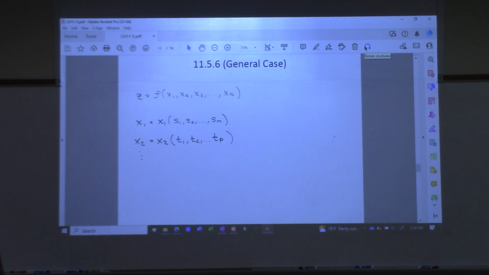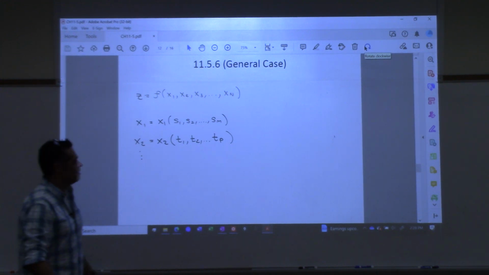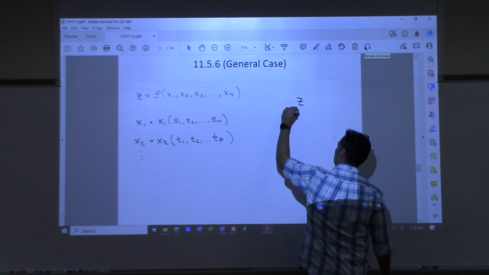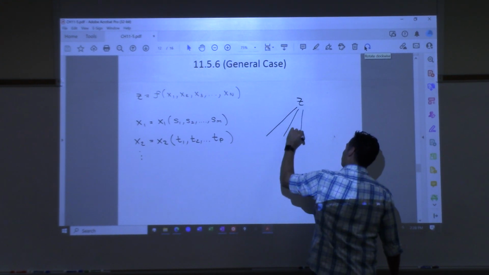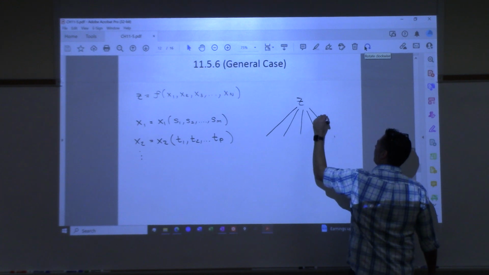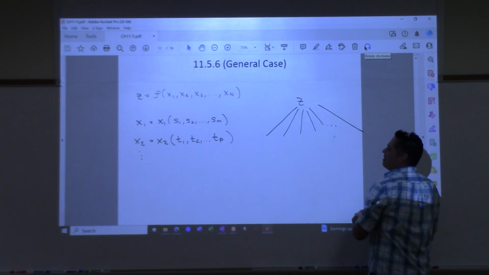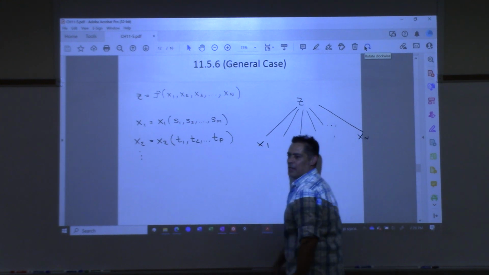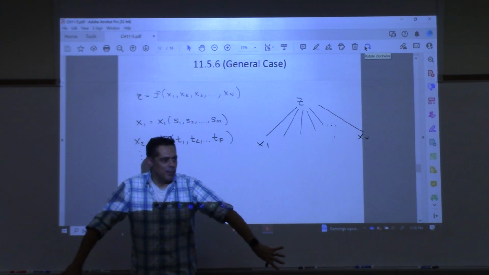Let me see if I can draw the tree, because the tree might help us see what's going on. First of all, z depends on what? Something like that. We've got x sub n here, and we've got x sub 1 here. z depends on n different variables.